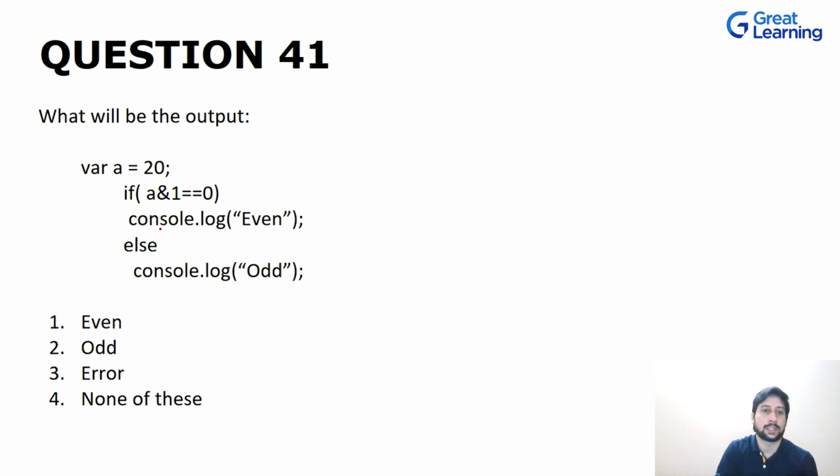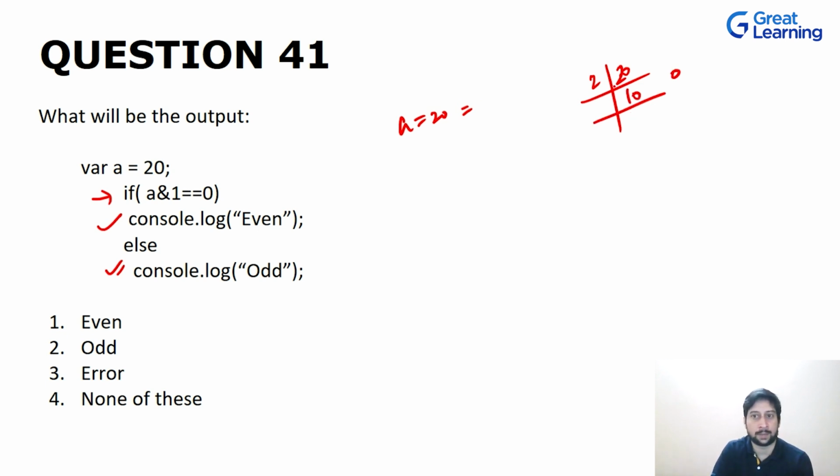Now let's talk about this question. As you can see, we have var a equal to 20, and we are doing a bitwise operation in this if condition, and then depending on that we are either printing even or odd. If we talk about a, which is 20, the binary of this will be nothing but 20 divided by 2, you get the remainder as 0.